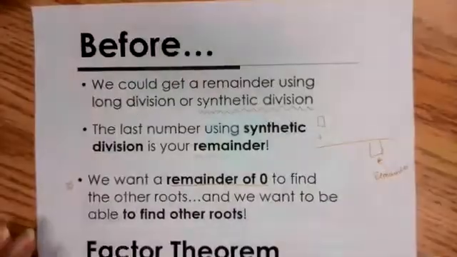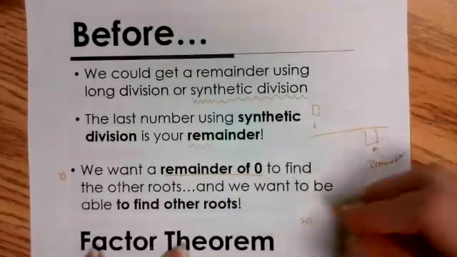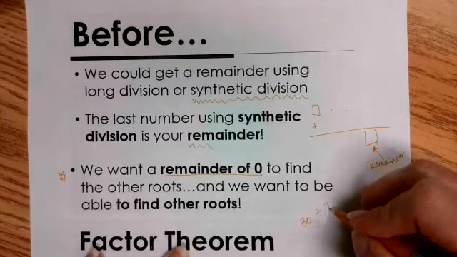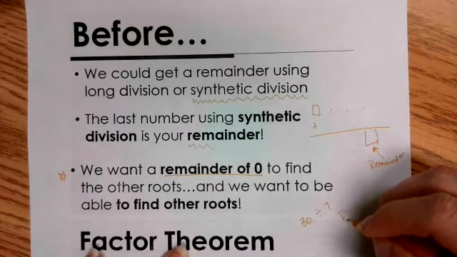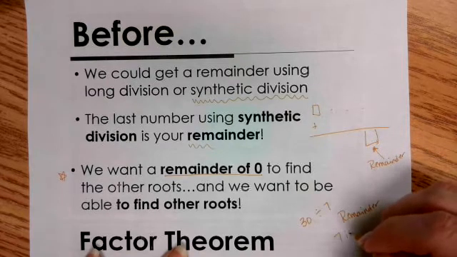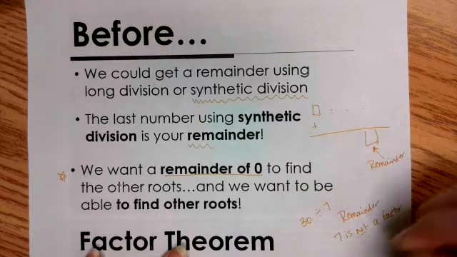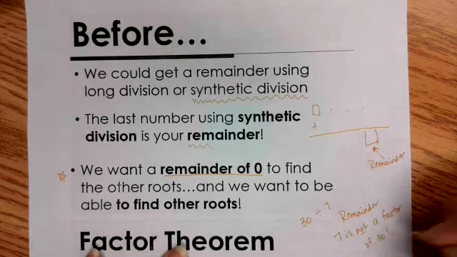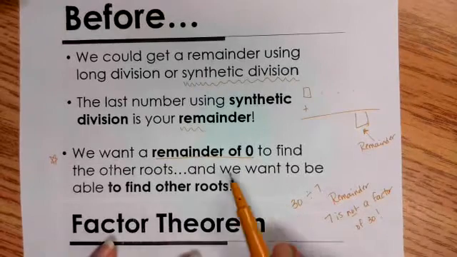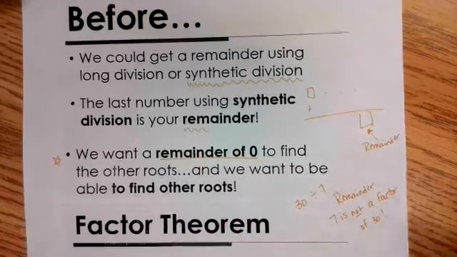So if I look at my example of 30, and I say 30 divided by 7, this is going to give me a remainder. So 7 is not a factor of 30. So if my remainder is 0, then it's a factor. If my remainder is anything else, then we don't have a factor, and we throw it away and we do something else.